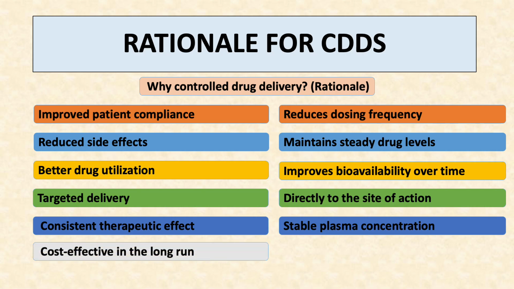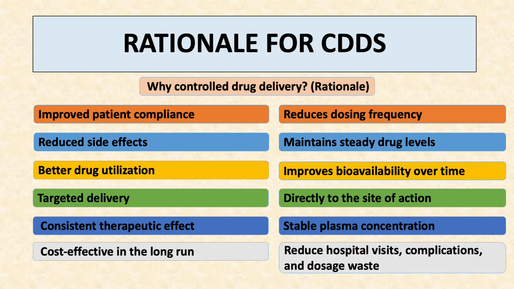Next, cost effective in the long run. While controlled release formulation may be more expensive initially, they reduce hospital visits, complications, and dose waste. Over time, this lowers total healthcare costs.